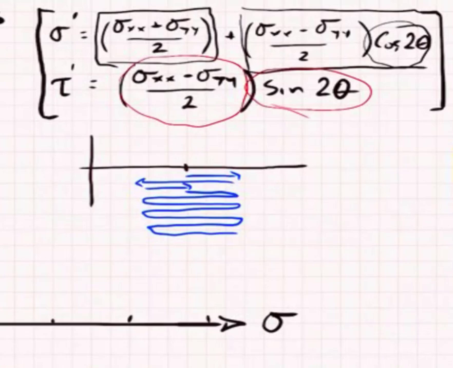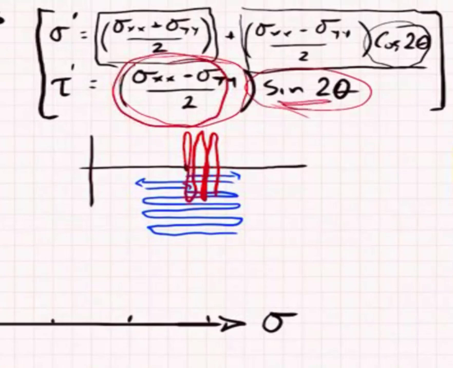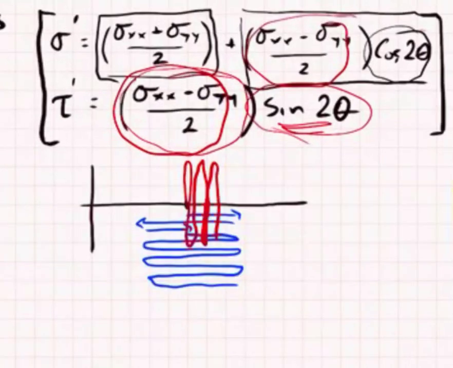So it's going like this. And you notice that that range of the oscillation of tau is the same as this range of the oscillation of sigma prime. So when sigma prime and tau prime act together, they'll describe a circle on this space.